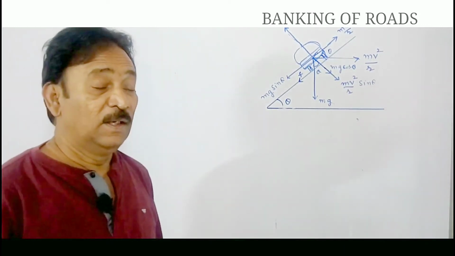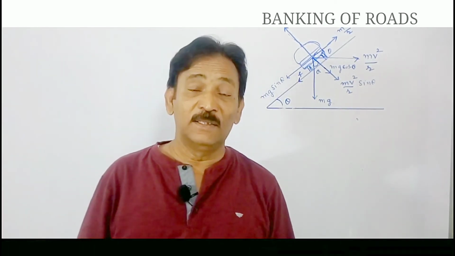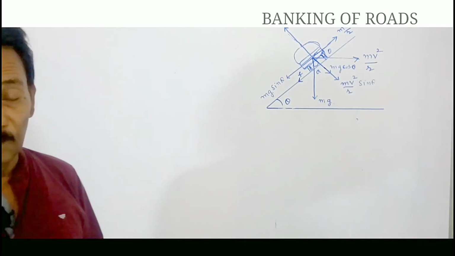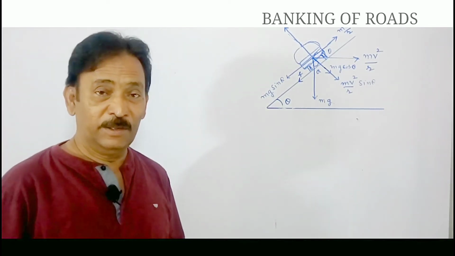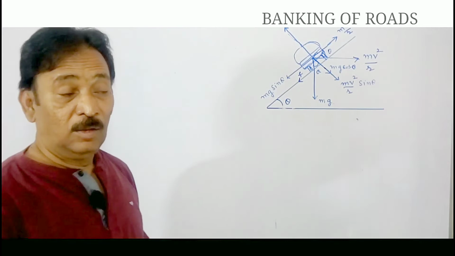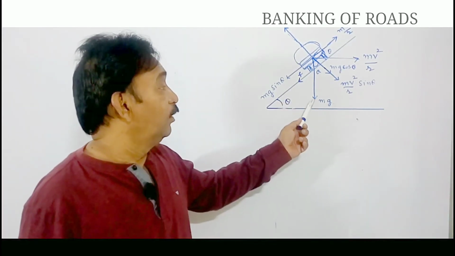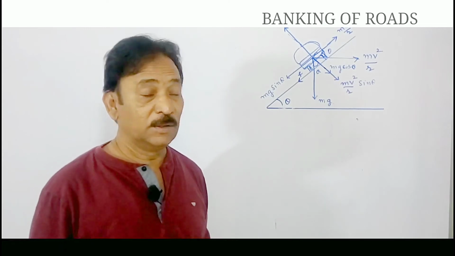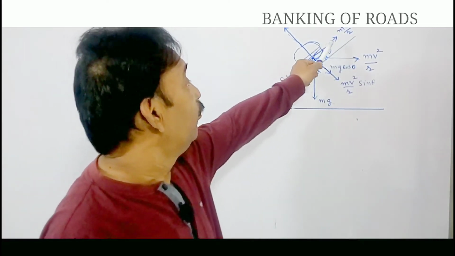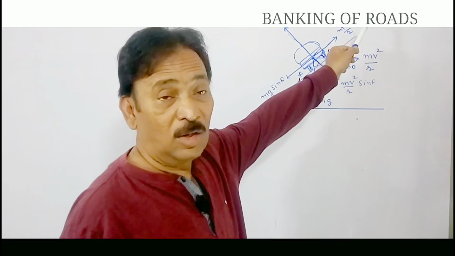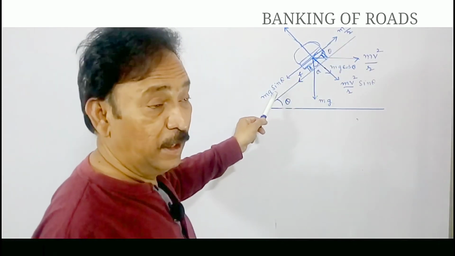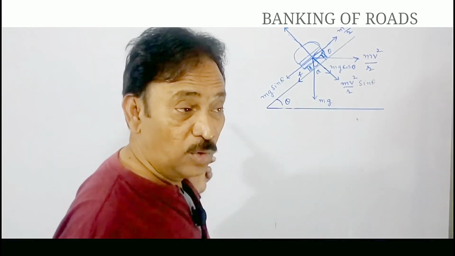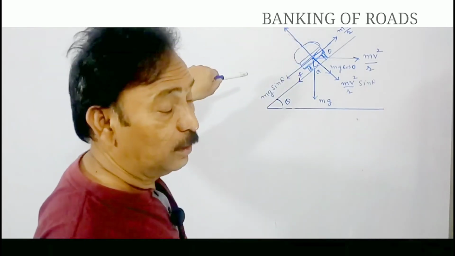Okay students, let's take one more case. In the previous case, we learned how the velocity can be calculated by resolving the weight as well as the centripetal force into rectangular components. And we learned that when mv square by r cos theta is greater than mg sin theta, the frictional force will work towards the center of the curved path.